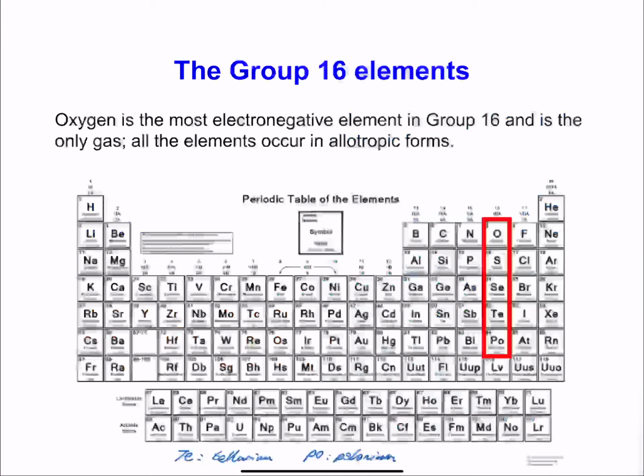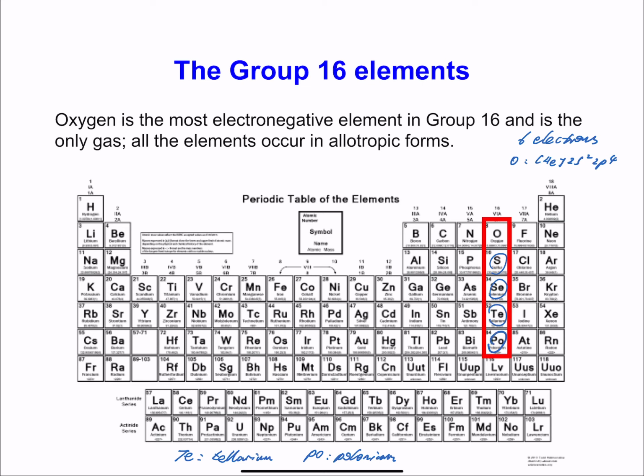We call it group 16 because the outer shell of this group has 6 electrons. For oxygen, we can write the electronic structure with the core as helium, then 2s2 and 2p4. That's what we have.